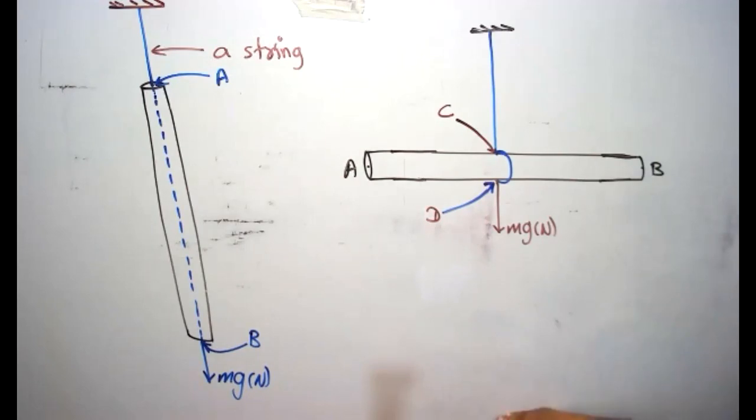Determination of the center of gravity of a uniform rod. First, the given rod is hung vertically by a string as shown in the following figure. After that, the rod is hung on a string and the position of the string is adjusted until the rod comes to rest horizontally.